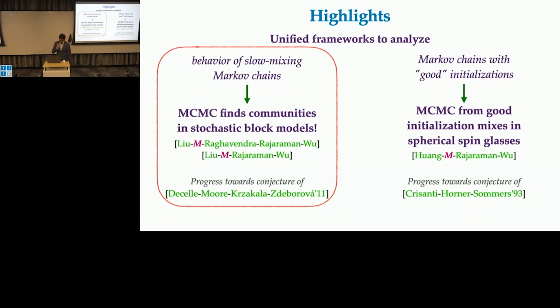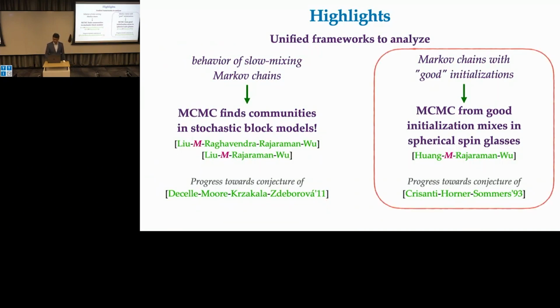Okay, so I told you all about locally stationary distributions as a framework for analyzing slow mixing Markov chains. Now I want to switch gears and tell you all a little bit about how to analyze Markov chains from good initializations, as well as an application to a certain problem from physics.